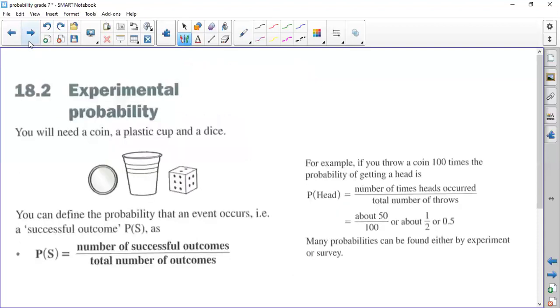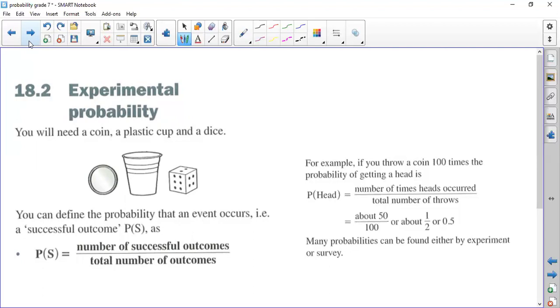Now let's talk about experimental probability. What is experimental probability? Experimental probability is the probability that we get after we make a survey or an experiment. Okay, so we make an experiment, we register all the data that comes from this experiment, and after that we can find a probability for the things that we want.